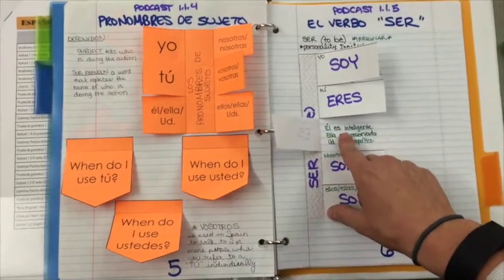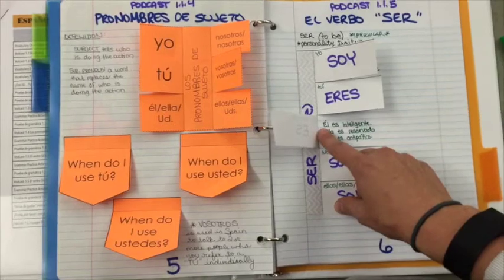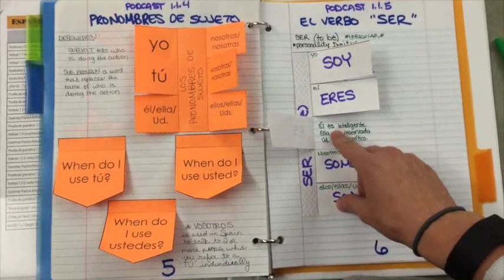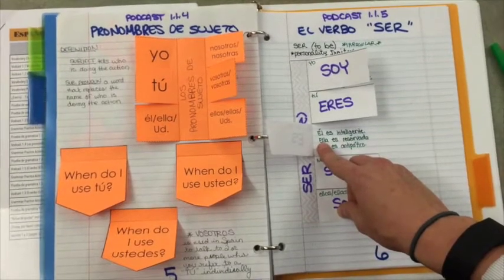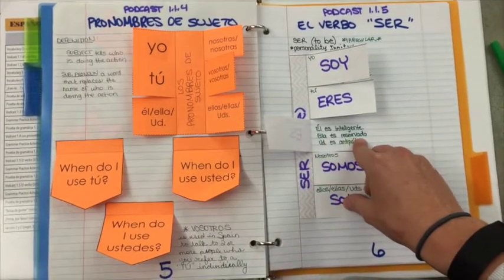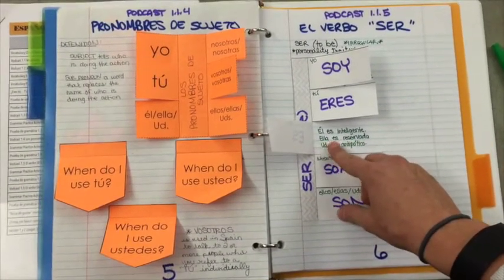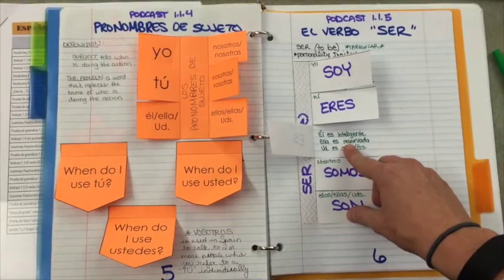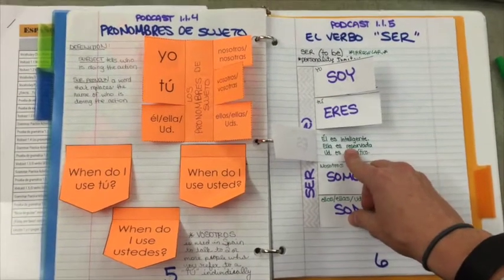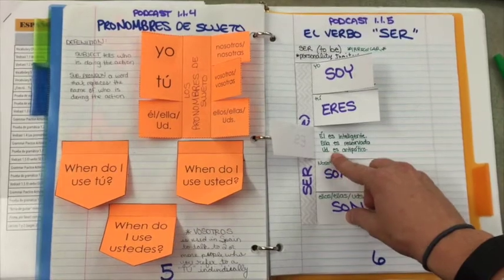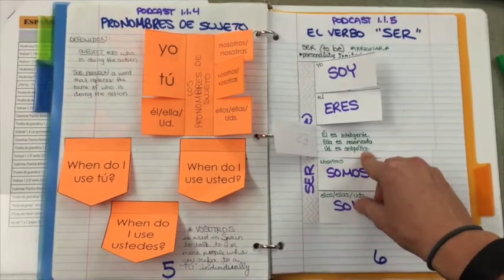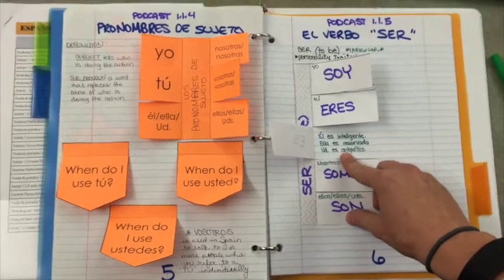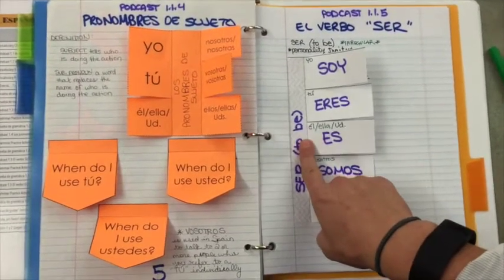Él es inteligente is he is intelligent. Ella es reservada is she is shy. And lastly we have usted es antipático, which means you are mean if you're speaking to someone formally.